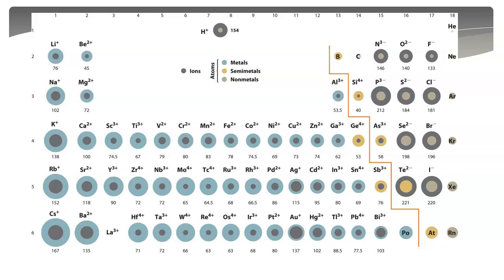It just depends upon what are the other subshells there. Whenever you look at the nonmetals, the nonmetal original would be this tannish color, and then the ion would be the gray. So if it's negative, the ion is bigger. Note that the noble gases do not form ions, so they don't really have different radius sizes.